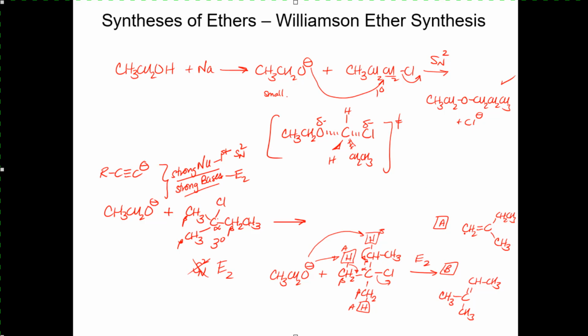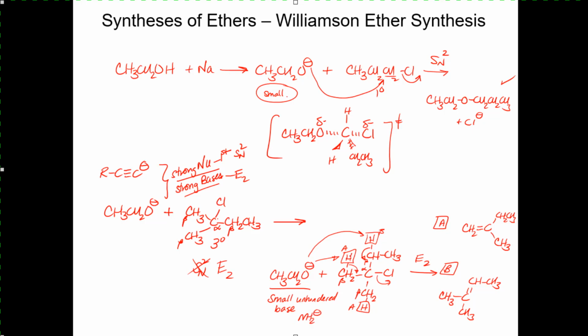So which one of these two products is going to be the major product? Well, that's going to depend on how we view this as a base. Is it a sterically hindered base, or is it a small unhindered base? And the way I characterize it is as a small unhindered base. So if this is a small unhindered base, it's going to be like our NH2- that we used last semester.